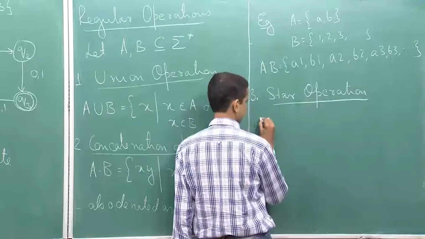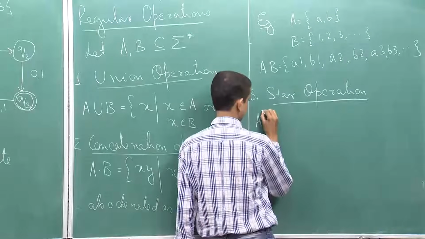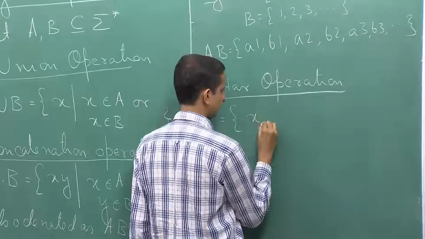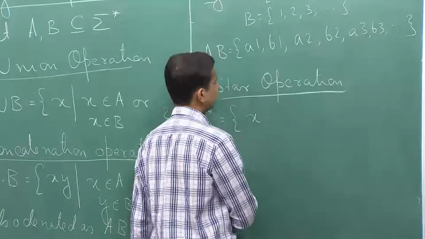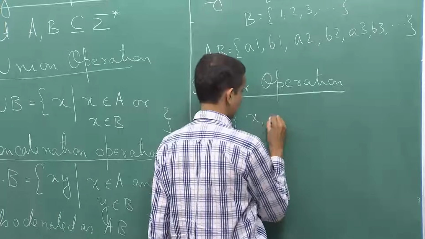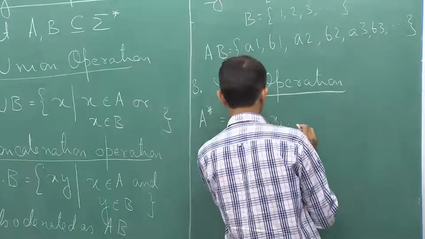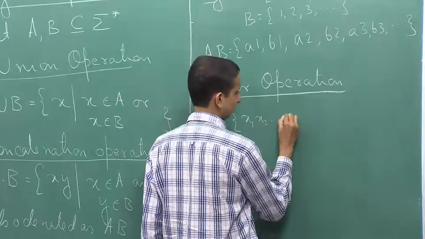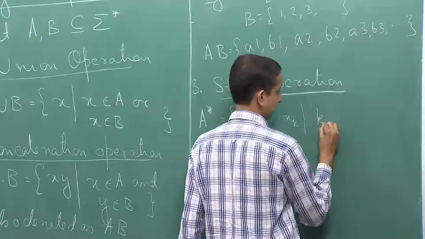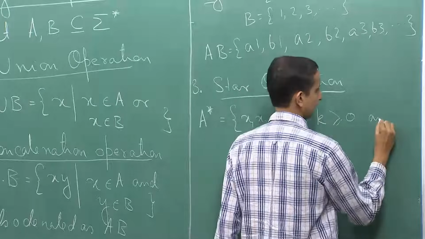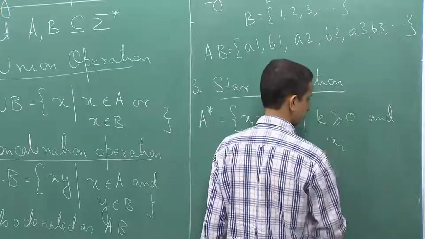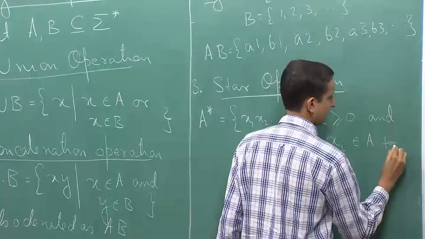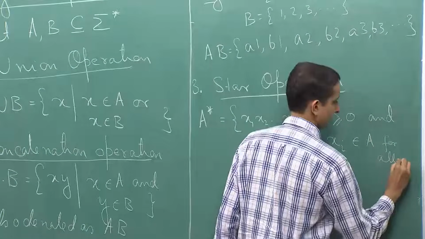So, we define A star as the set of all strings of the form x1 concatenated with x2 up to some xk, where k is greater than or equal to 0 and each xi belongs to A, okay, for all i.